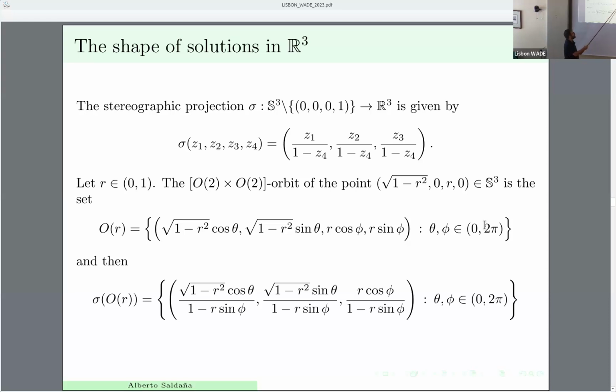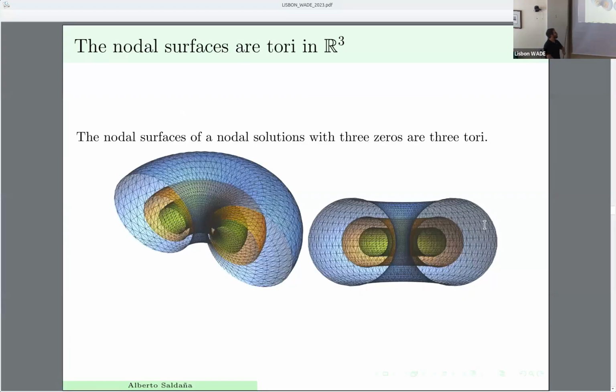Then I will have to make all the possible rotations, all the possible elements here that have the same norm and all the possible elements here that have the same norm. I will end up having this orbit. So now I can take the stereographic projection of the orbit and see how this looks in R3, to see how the orbits of one point look in Euclidean space, and they look like tori.